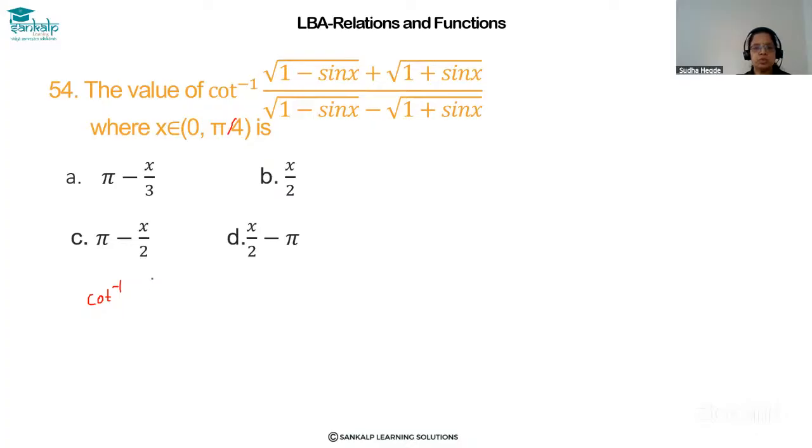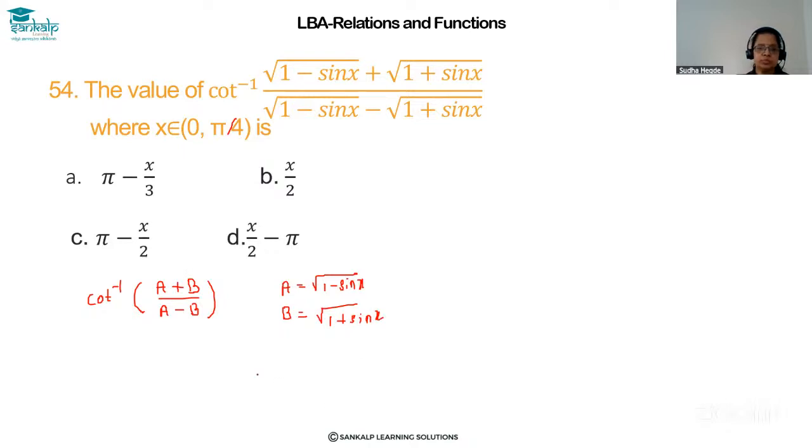Okay, so cot inverse square root of 1 minus sin x, I am taking it as A, square root of 1 plus sin x as B, divided by A minus B. So this you need to find, where A is equal to square root of 1 minus sin x, B is equal to square root of 1 plus sin x.